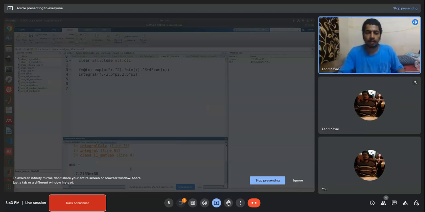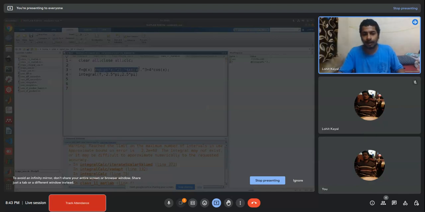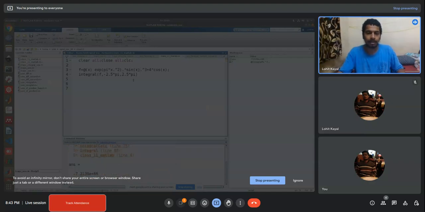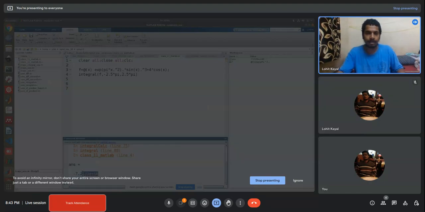No, MATLAB is giving a garbage answer for this because, analytically, we know that from minus 5 pi by 2 to 5 pi by 2, this term will finally cancel each other, but MATLAB doesn't know that. So it is generating some garbage value because 2.5 pi to the power square is giving a very large answer.